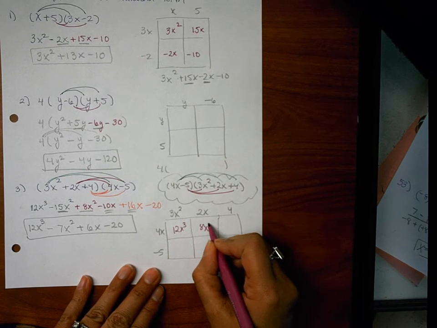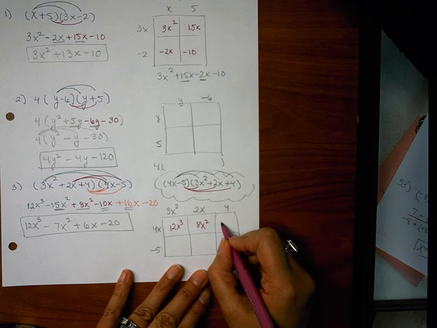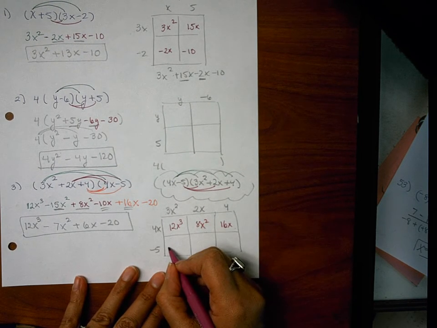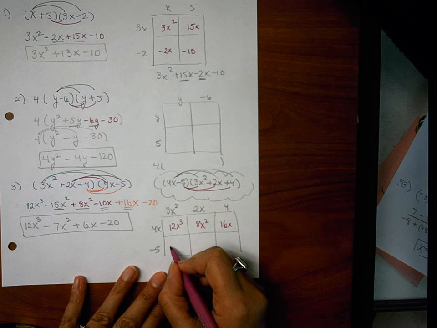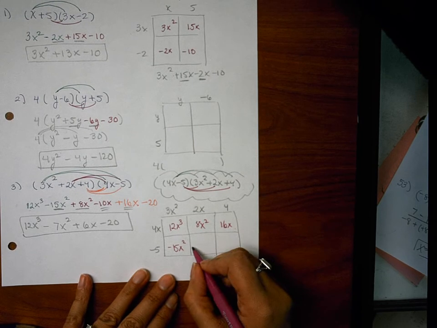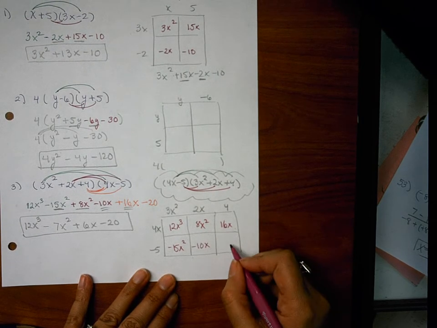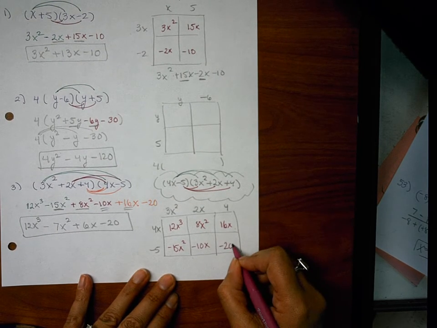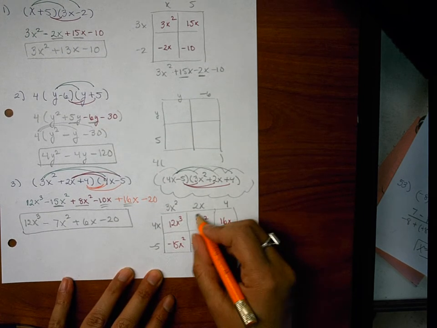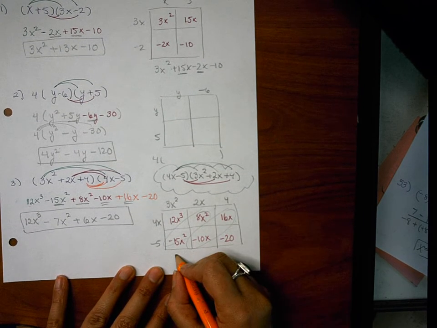Add your exponents, x to the third. 4x and 2x is 8x squared. 4x and 4 is 16x. Negative 5 times 3x squared is negative 15x squared. Negative 5 and 2 is negative 10x, and negative 5 and 4 is negative 20. And then you would write it all out.